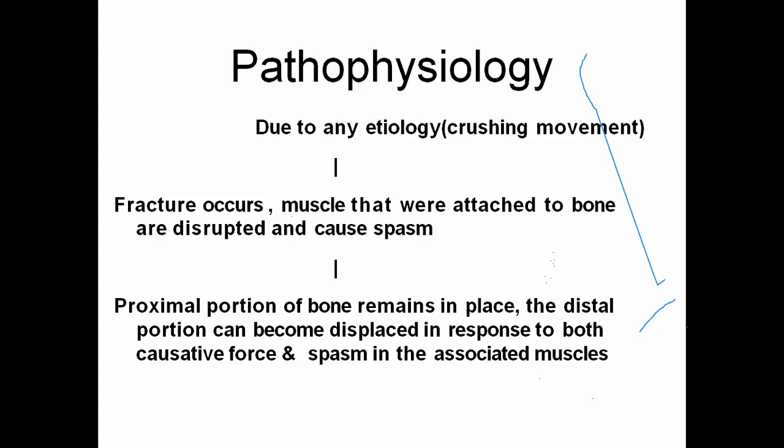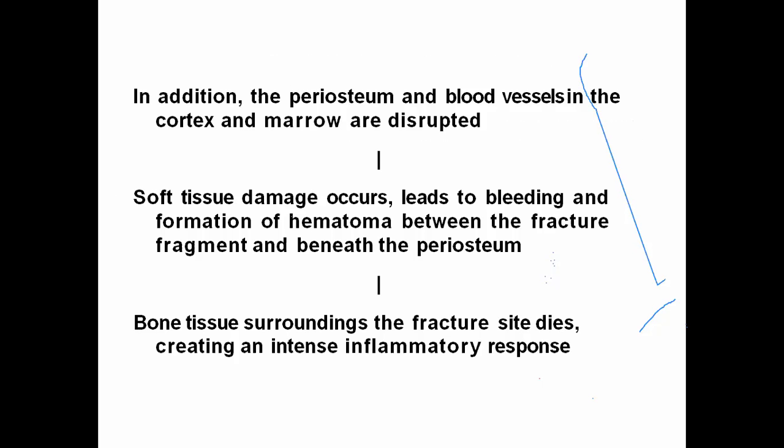The proximal portion of the bone remains in place, while the distal portion becomes displaced. Proximal is the close part, which remains in place, while distal is the away part, which becomes displaced. Because of that, there is spasm in the associated muscles.